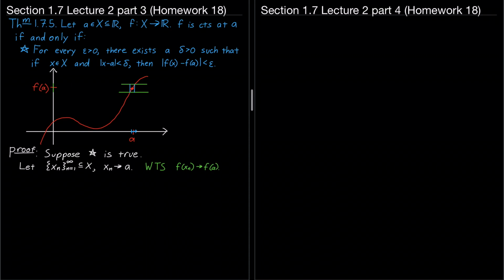All right, so we're going to direct our reader to pick a positive epsilon, and then we let delta be the positive number that our condition star promises us. That is, delta is such that if x minus a is less than delta, then f of x minus f of a is less than epsilon. And now we are going to use the fact that xn converges to a.